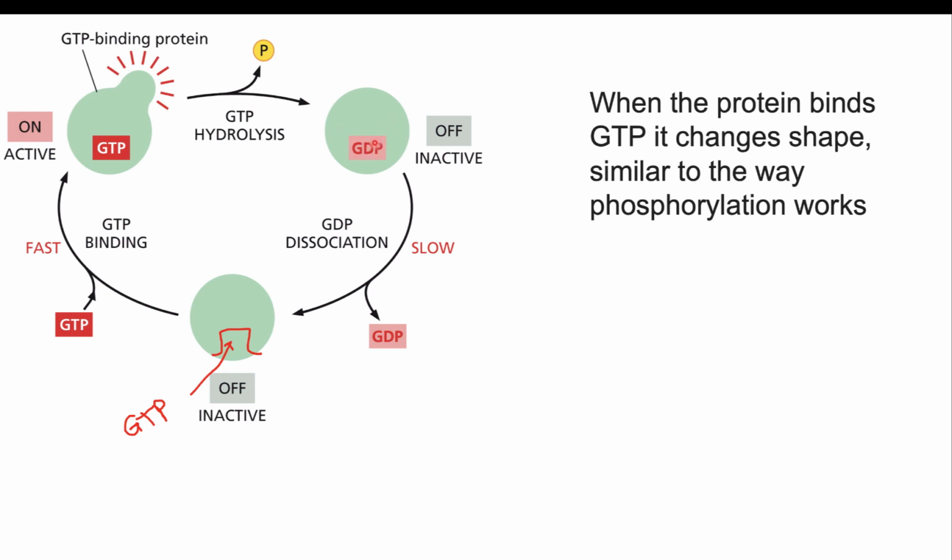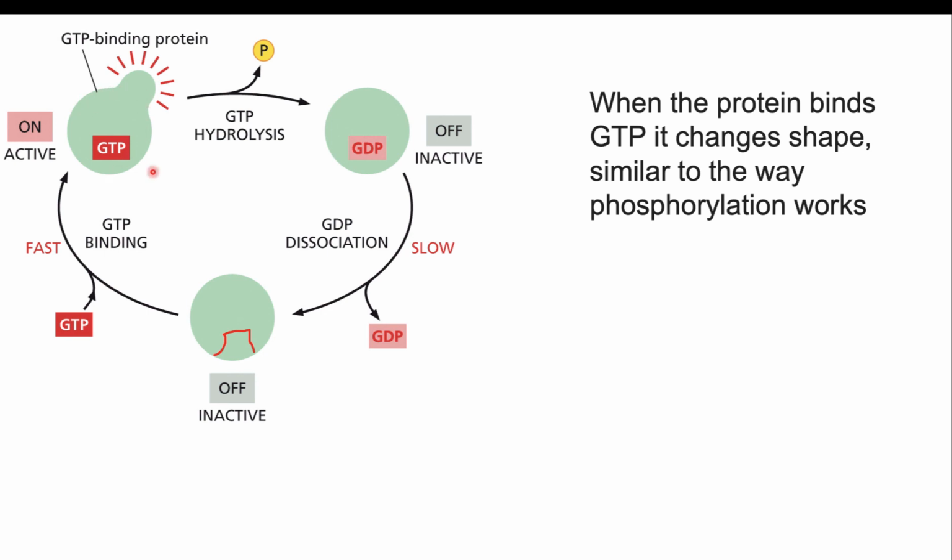So this protein needs to release the GDP, called dissociation, so it leaves the binding site, which creates an opening, and then GTP can come in and bind that site and activate the protein.